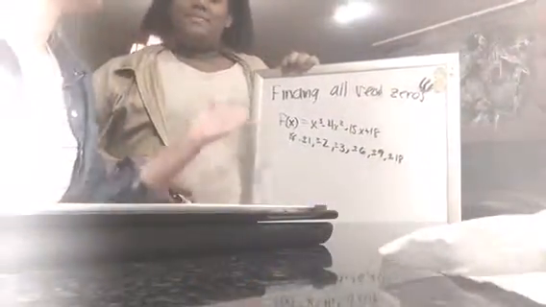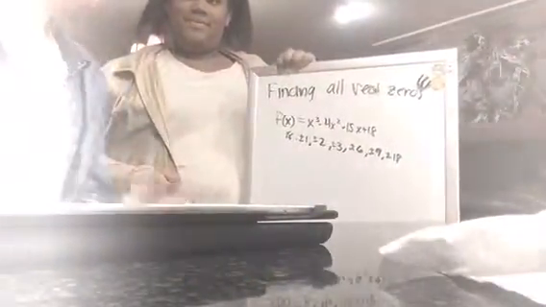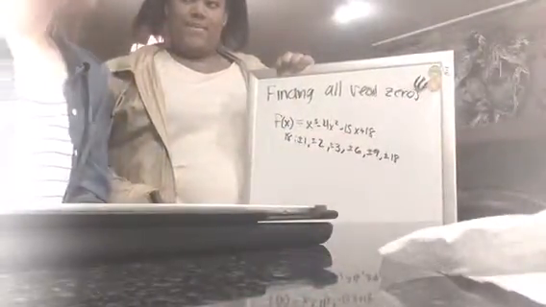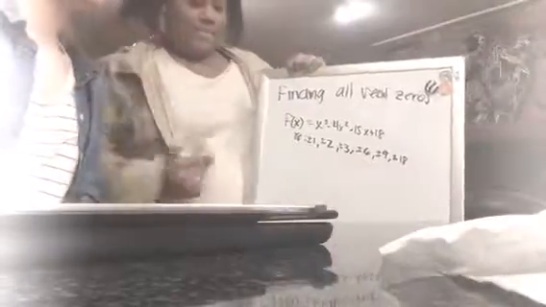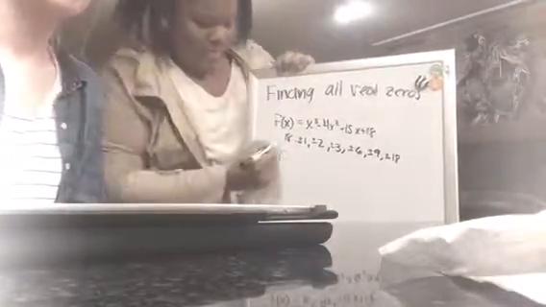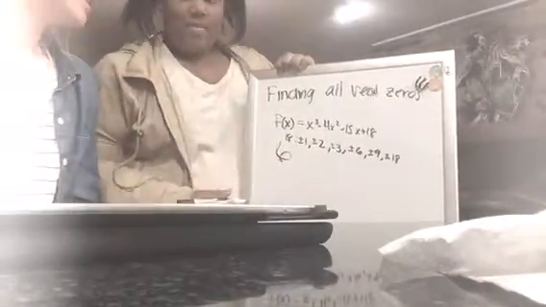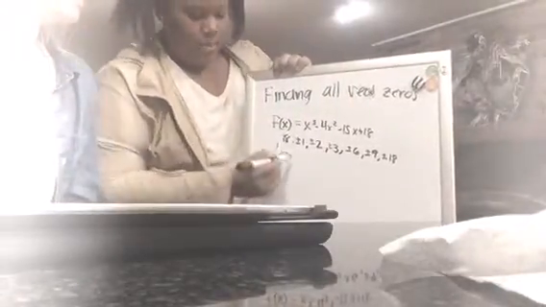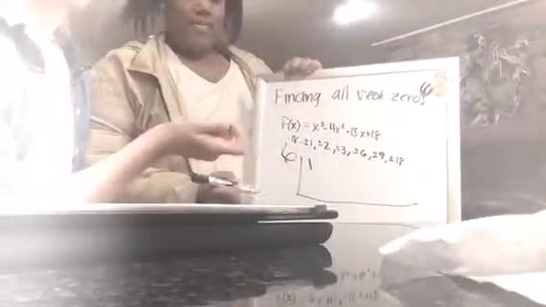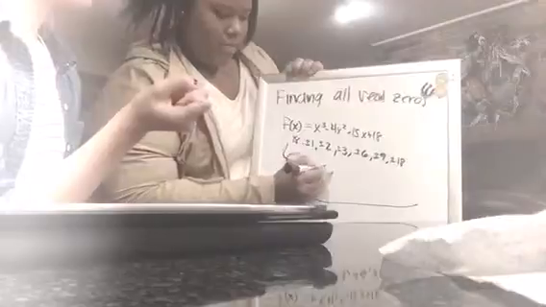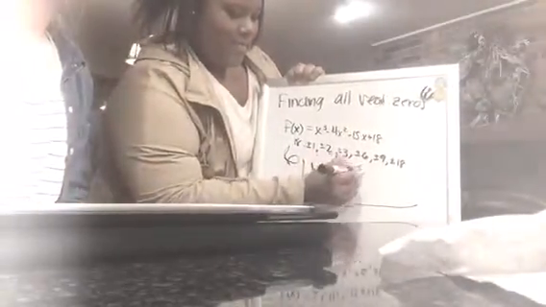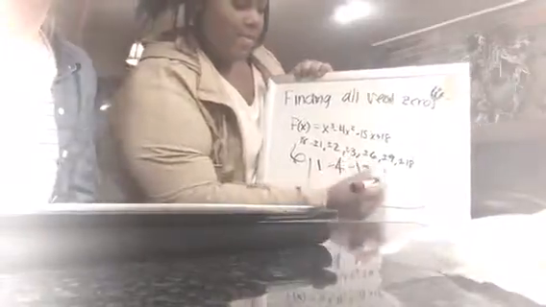Okay, so we're going to find all the real zeros now. So this is the equation, and these are all the factors of 18. So we're going to pick the number positive 6. You just pick a number, you're going to have to guess and check. So we're picking 6. Then you are going to do synthetic division. So then you write down 1 here, because that's the first number, and then you write down negative 4, negative 15, and 18.